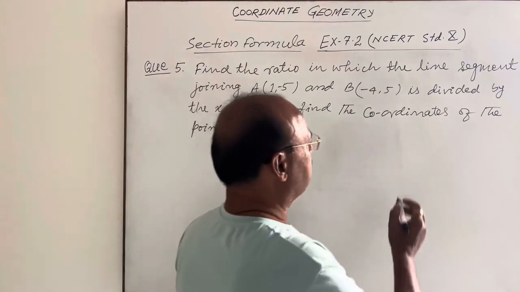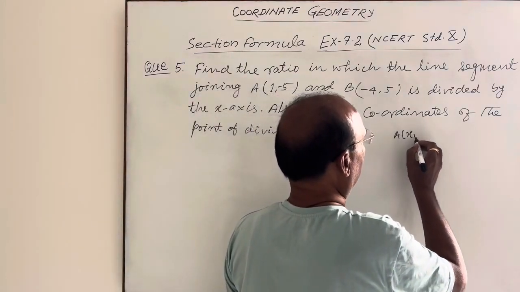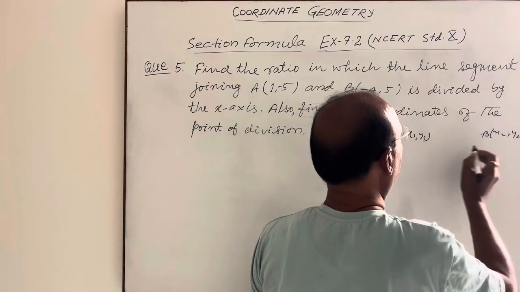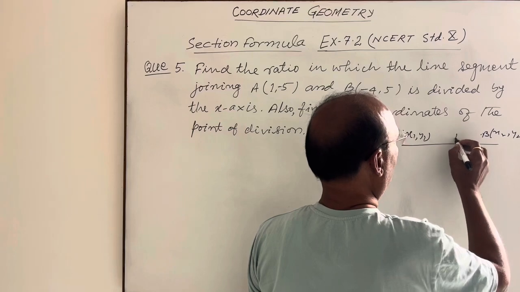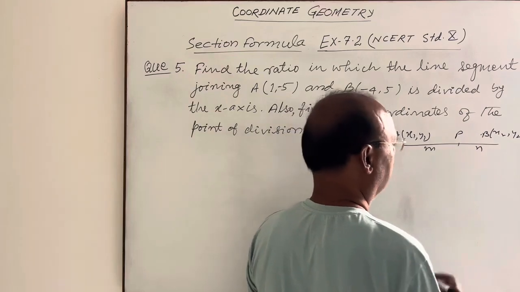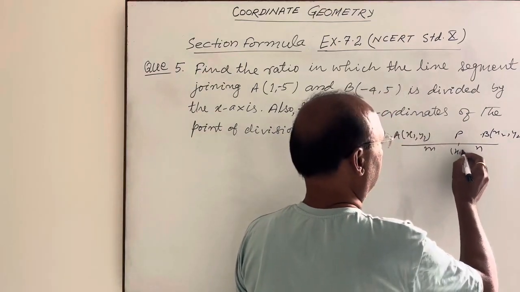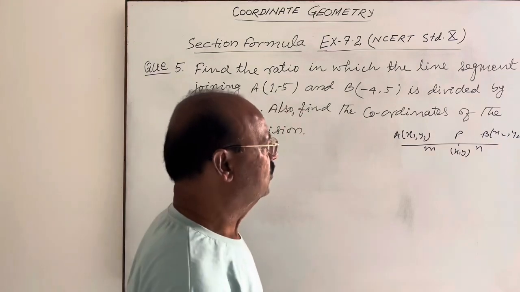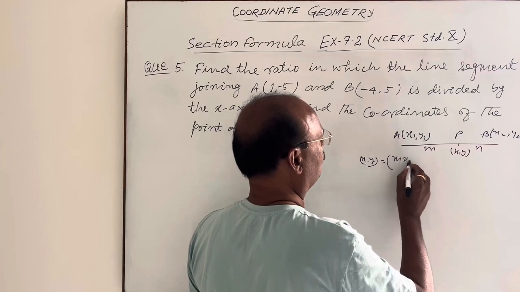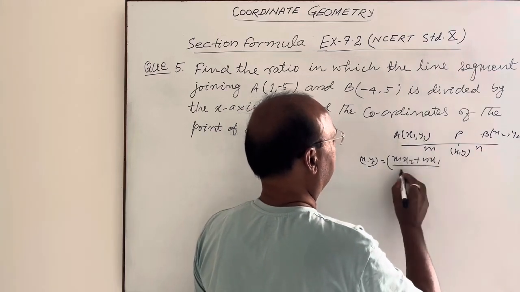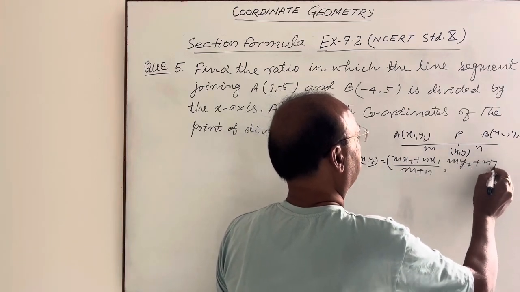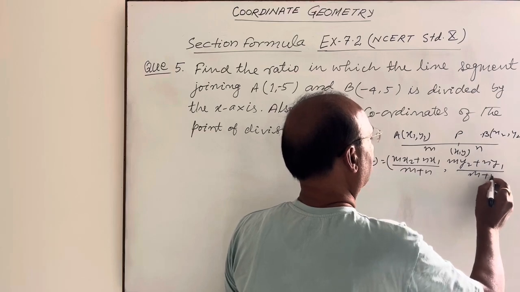If any two points, suppose point A having coordinates (x1, y1) and point B having coordinates (x2, y2), are divided by any point P in the ratio m:n, and suppose the coordinates of point P are (x, y), then the coordinates of the point can be written as (mx2 + nx1)/(m + n) and (my2 + ny1)/(m + n).